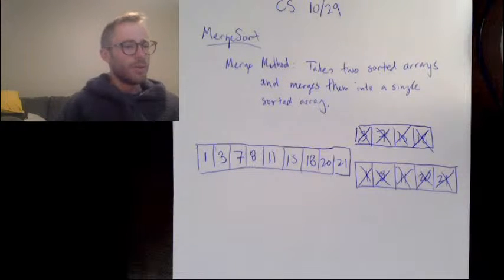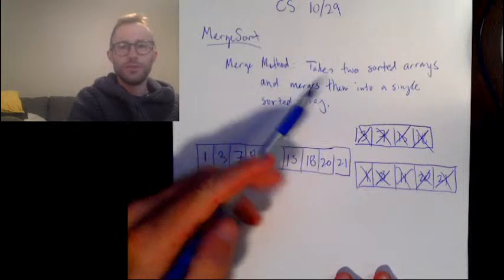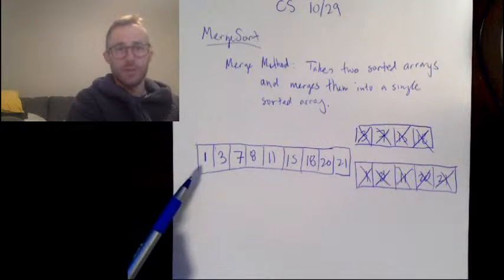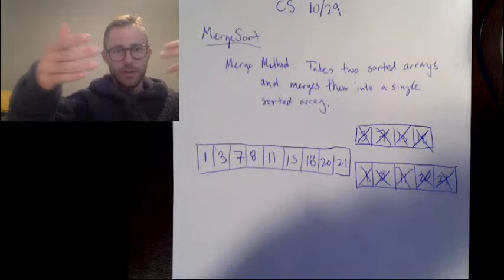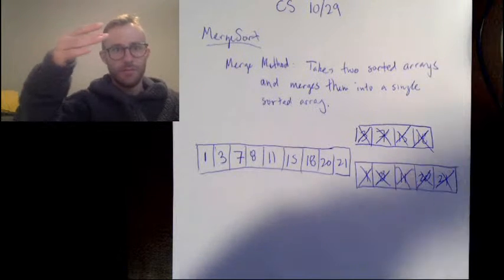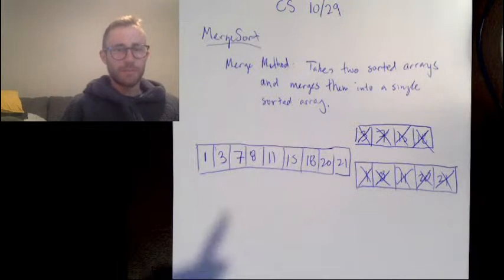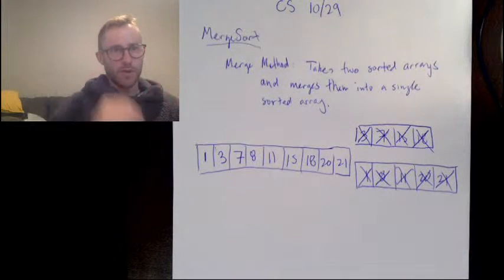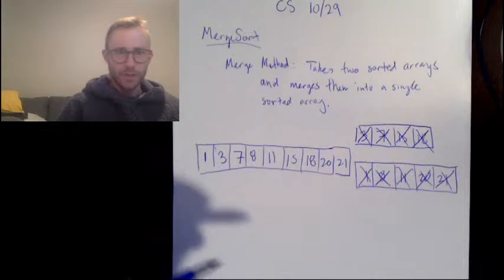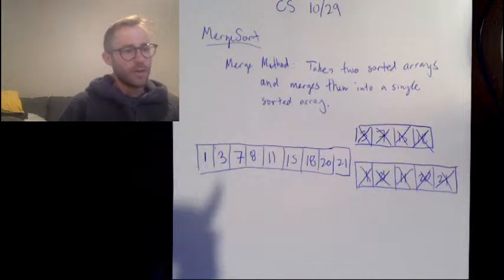So the merge method takes in two sorted arrays and it merges them into a single sorted array by comparing the front of each array and putting whichever one is smaller into the merged array. Okay? So that's how the merge method works.